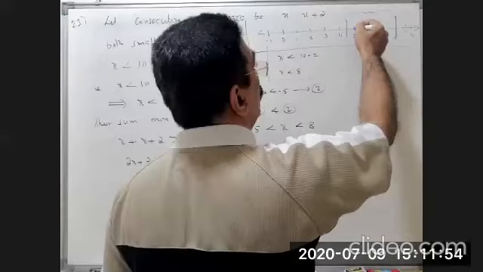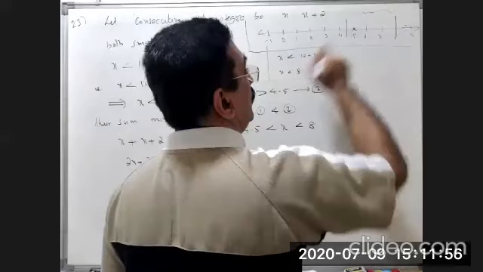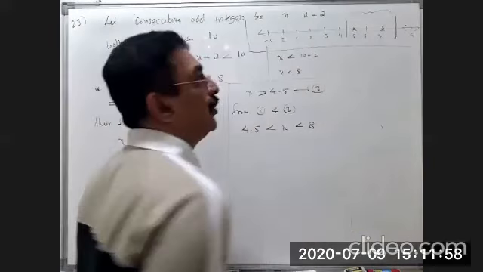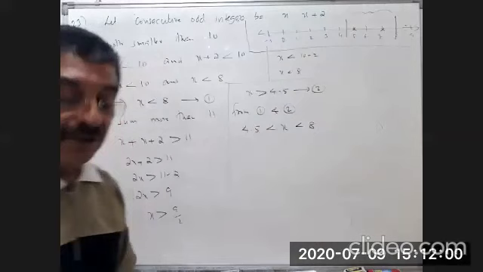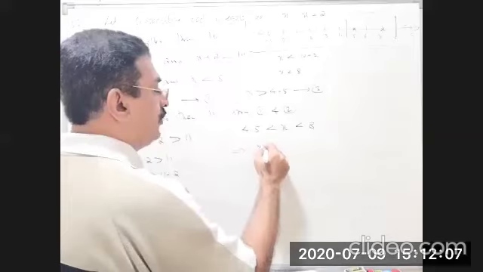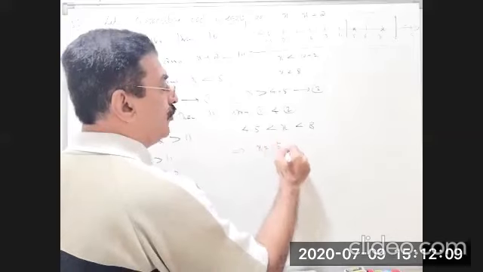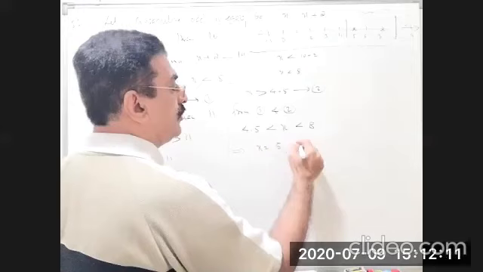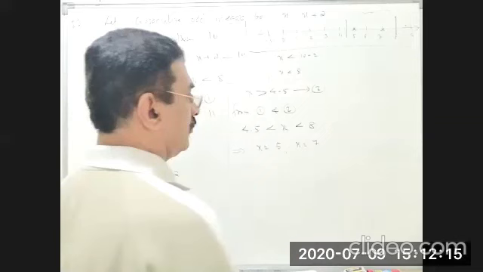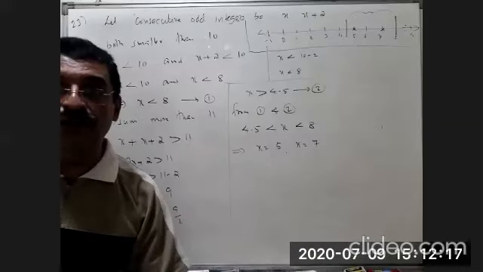We have the number 5, which is an odd number. 7 is also an odd number. So we got 2 odd numbers satisfying. Therefore x is equal to 5 or x is equal to 7. These are the values of x.